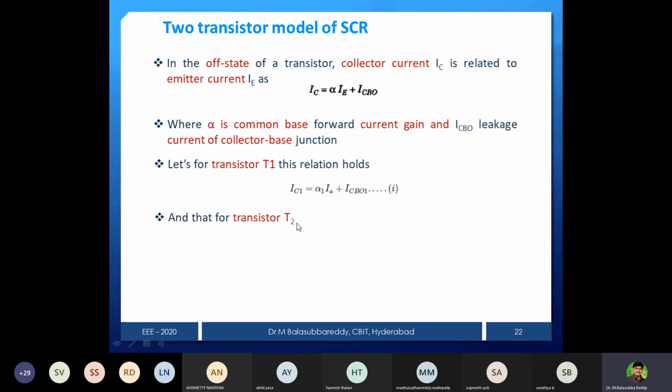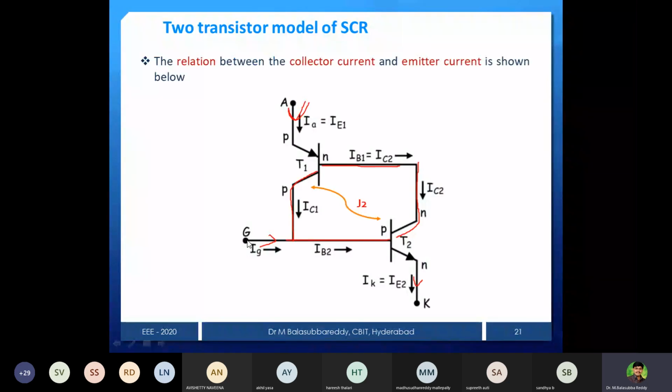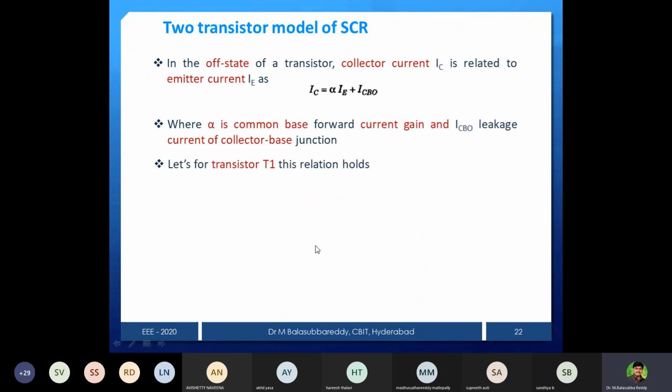Similarly, for transistor 2, what can we represent? IC2, there is alpha 2, then IE. What is IE in the case of transistor 2? Now we can see here, this one is IE2. IE becomes IE2 for transistor 2, which is equal to the sum of these two. You can add that.